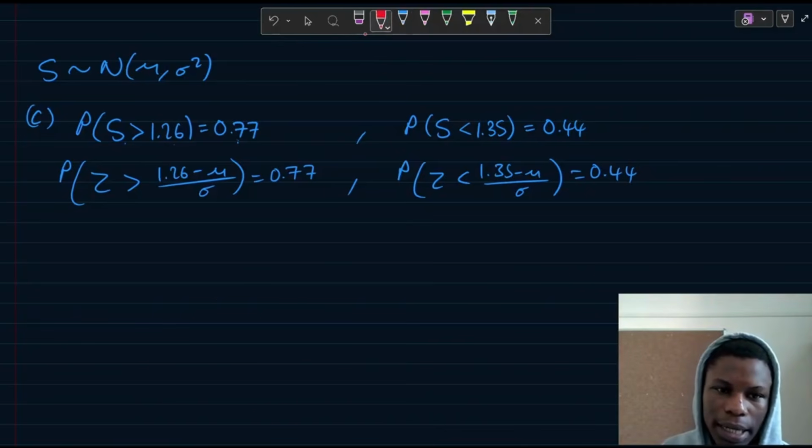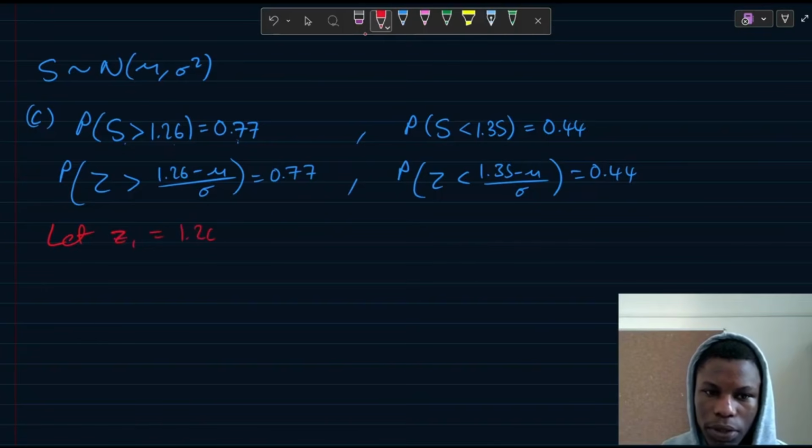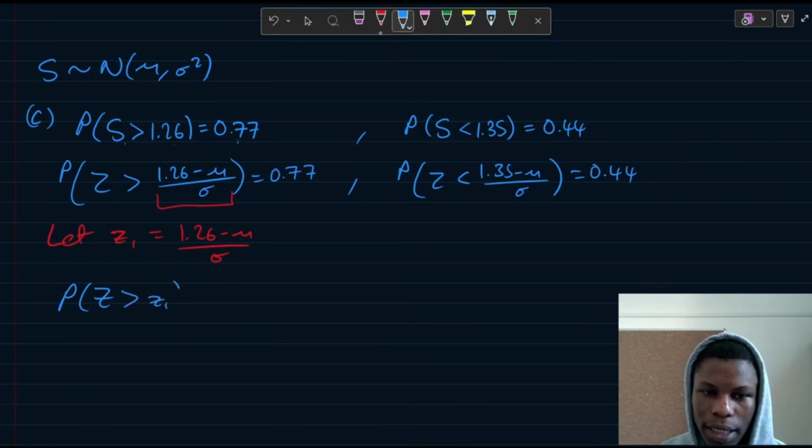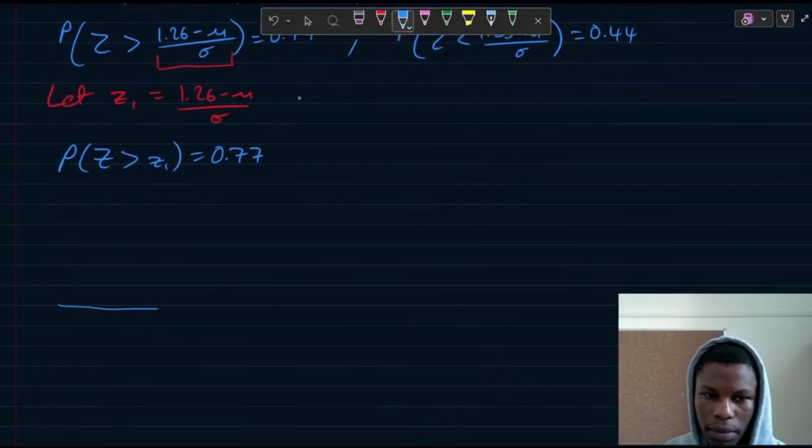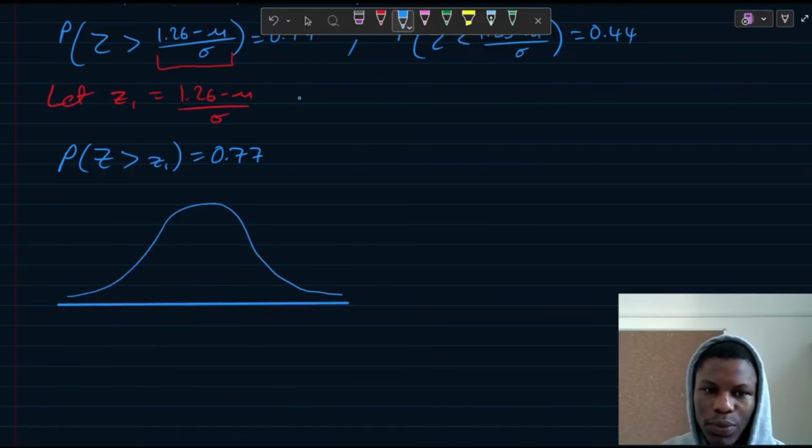And I want to say let Z1 equal 1.26 minus mu over sigma, so that this is easier to read. So I have the probability that Z is greater than Z1 is equal to 0.77. If we draw the bell curve for this, what we are saying is that the area to the right of Z1 is 0.77.